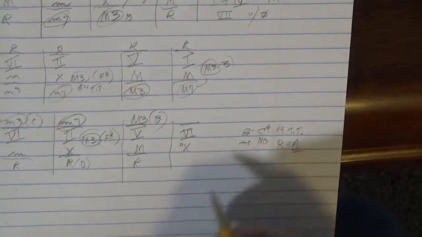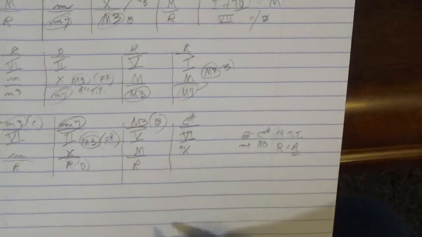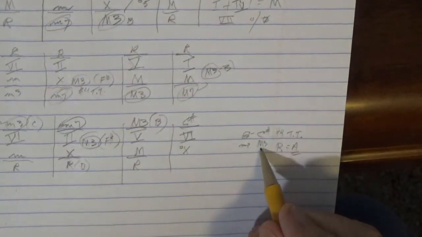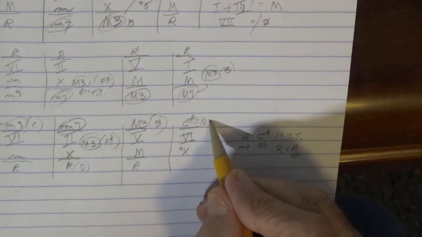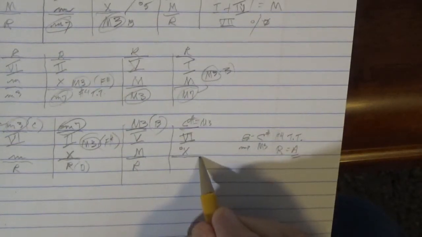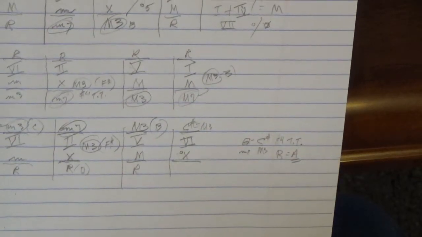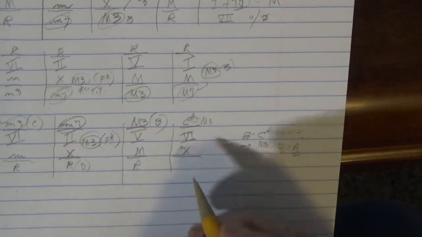Well, that's your C sharp. And we already indicated that is the major third. Okay? Now, what's the lowermost note of this dominant without a root? All right, the lowermost note is a G.